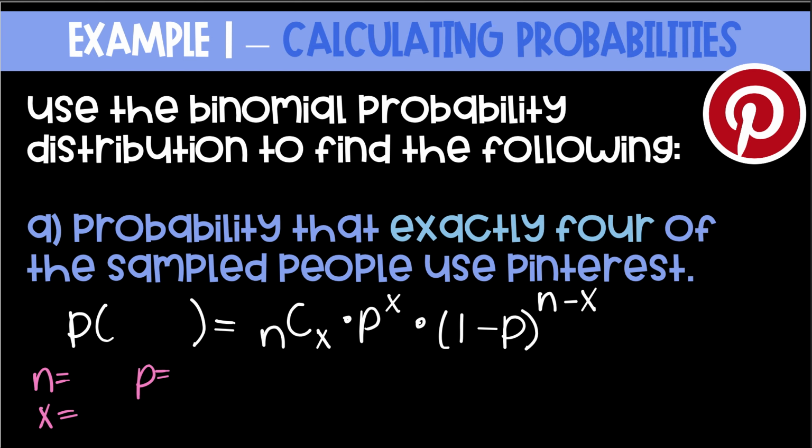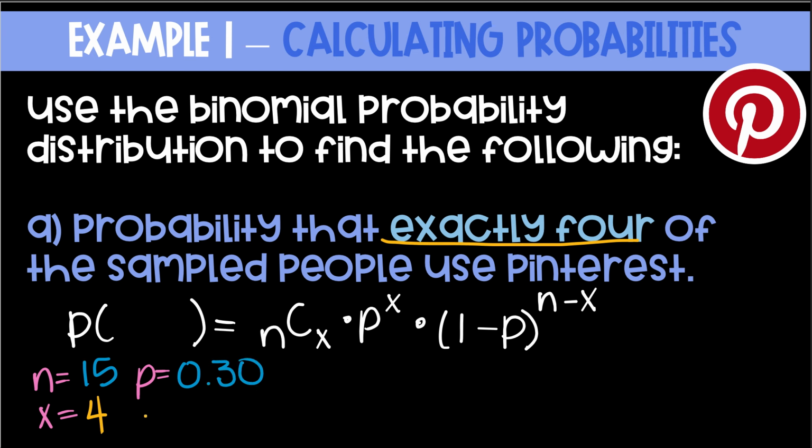What we're looking for is exactly 4 of the sampled people using Pinterest. My number of successes will be 4. Let me change the color so it's more obvious where I got the information from. My number of trials, we have already decided, was 15. And my probability of success was 0.30.